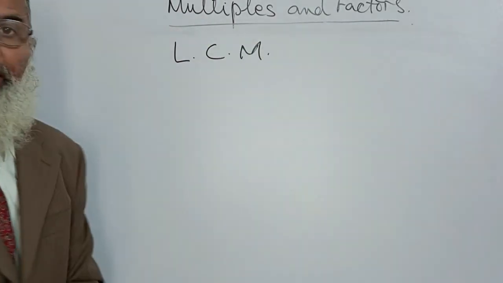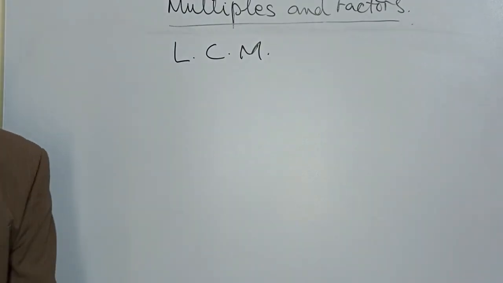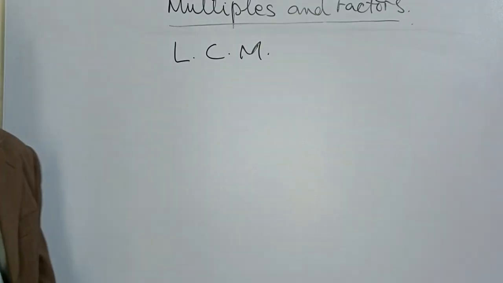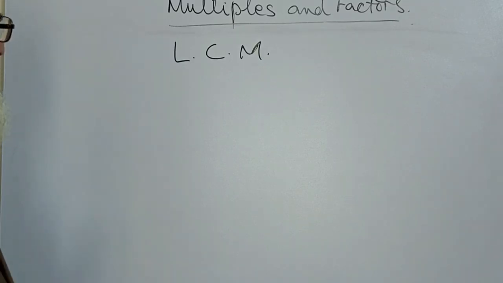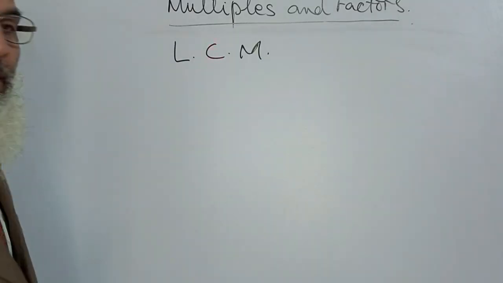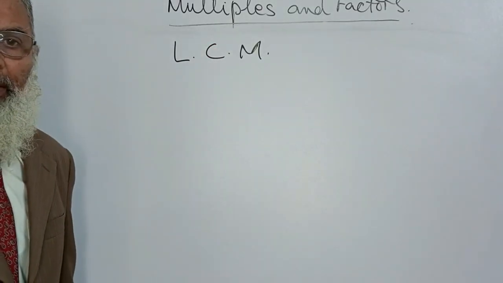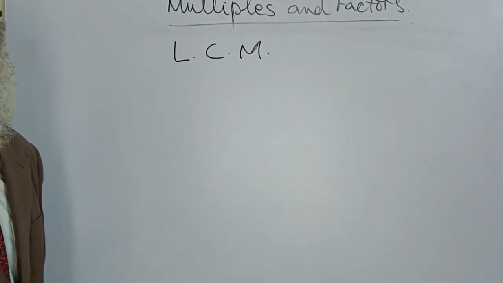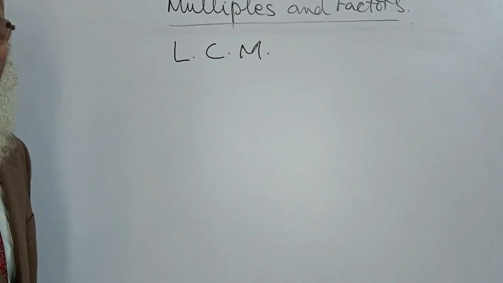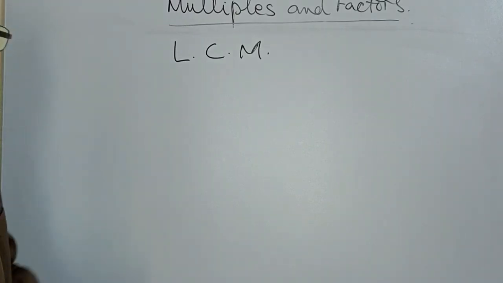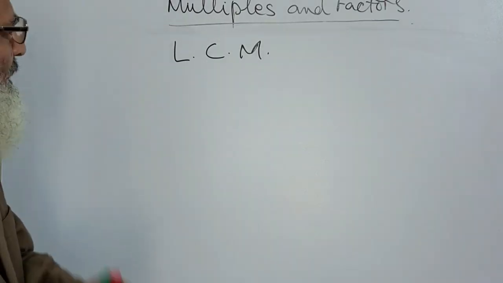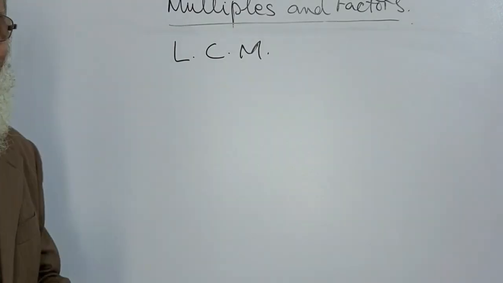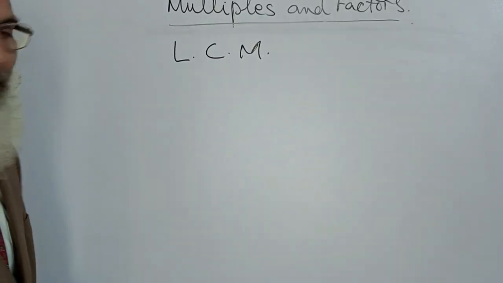Again, we are discussing multiples, but when you say common, that means there may be more than one number. There may be two, there may be three, and from those given numbers, we have to find something common between them.